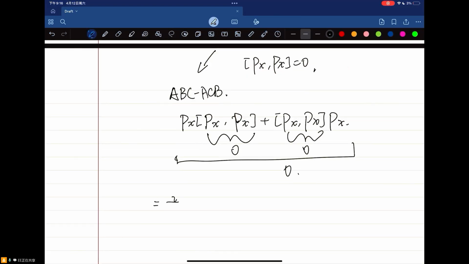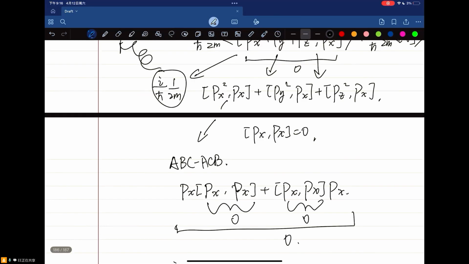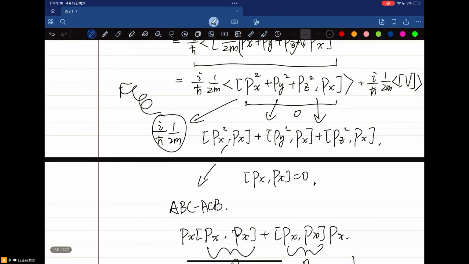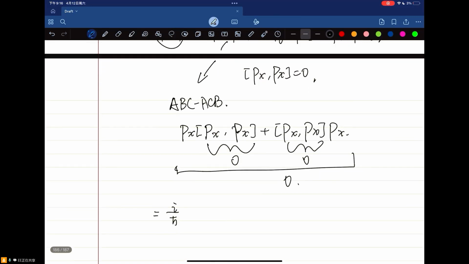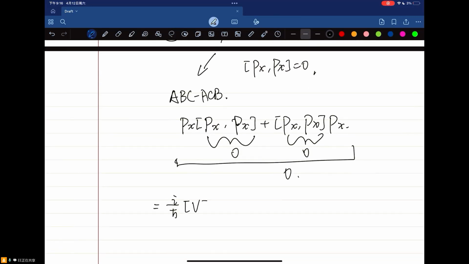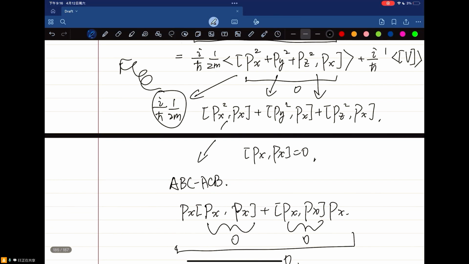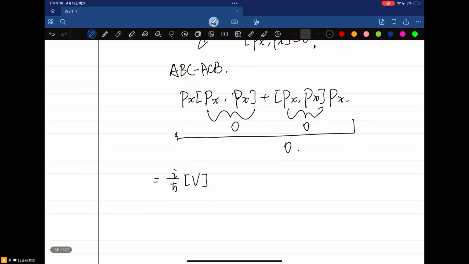let me write it down. And we don't have the 1/2m, because 1/2m is associated with the momentum. And V, yes, and I can just remove the expectation value because, oh, no, I can't do that.